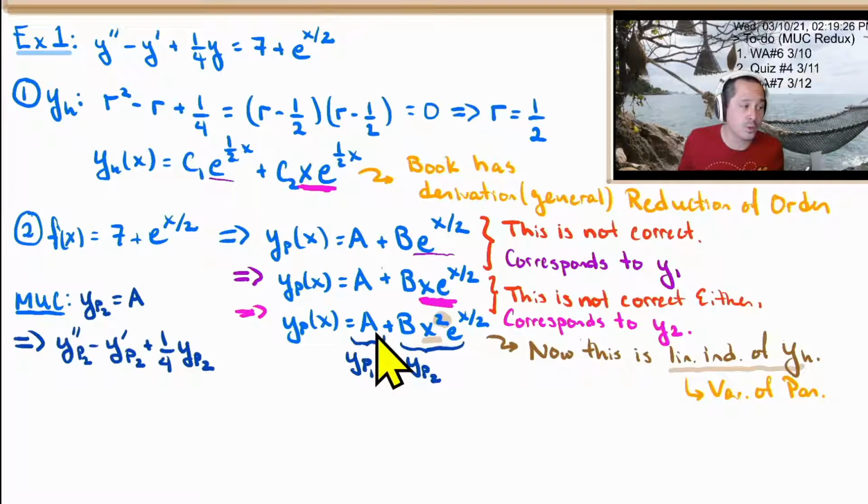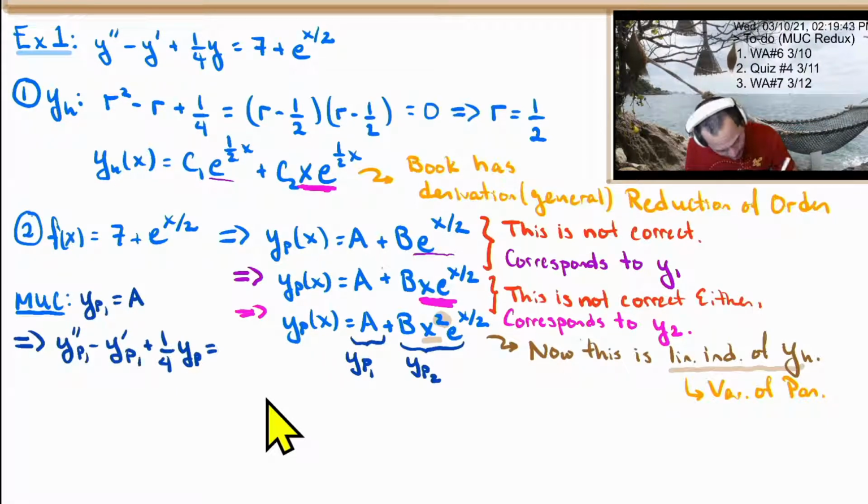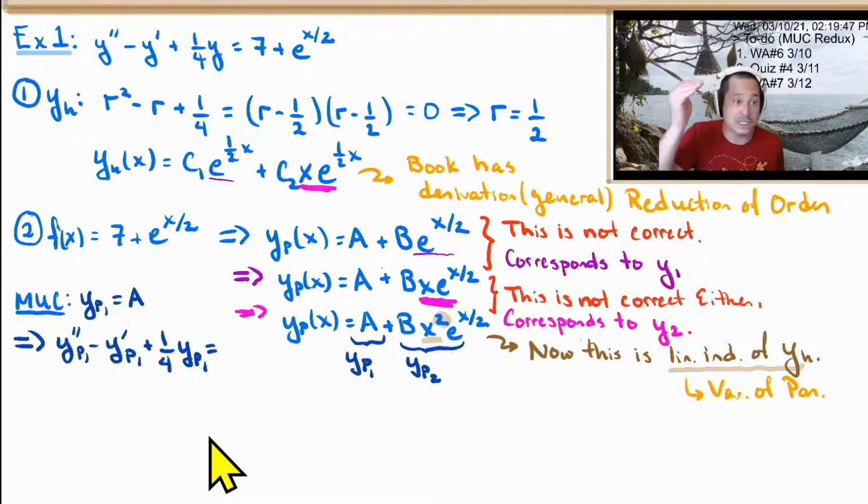And then plus 1/4 y sub p2. What's the second derivative of my constant A? Goose egg, bunch of nothing. Oh yeah, p1, sorry. Already seeing complications due to the notation. I don't care if you write down P1 or P2, you just have to keep your work organized so that you don't get it all mixed up.